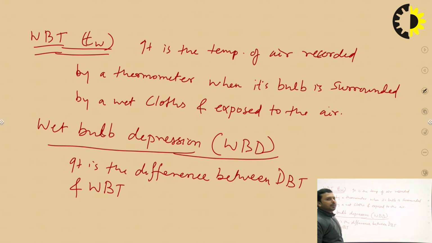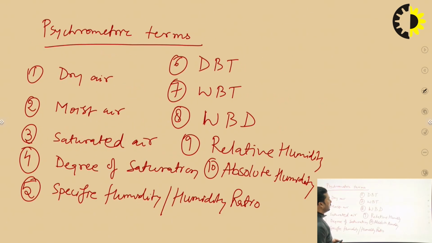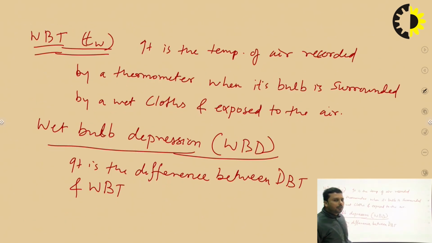The difference between dry bulb temperature and wet bulb temperature is known as wet bulb depression. So this is all about the psychrometric terms and properties.